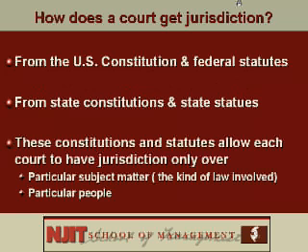Jurisdiction is the authority of a court to hear a case, and that's exactly what I explained before. How does a court get jurisdiction? From the United States Constitution. As an attorney, personally, I have the authority to defend your case from the Constitution, from the state constitution, from state statutes. This Constitution and these statutes allow each court to have jurisdiction.